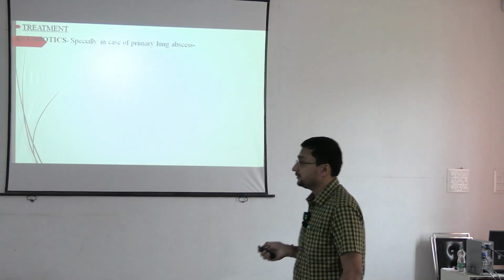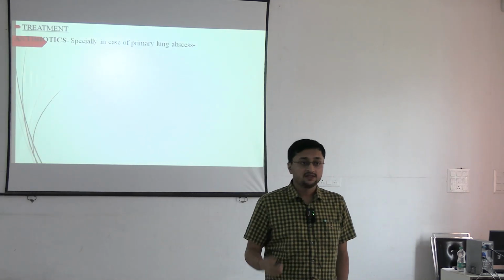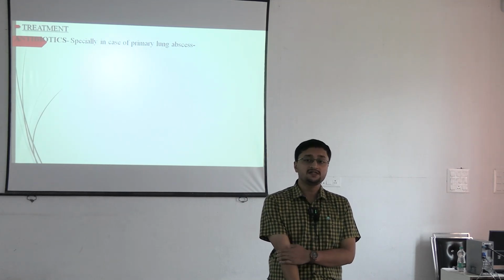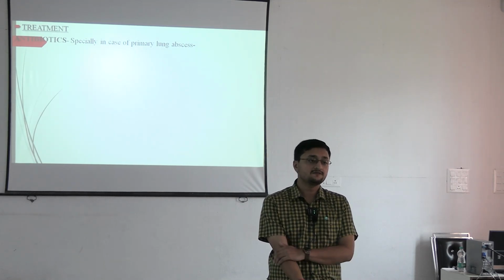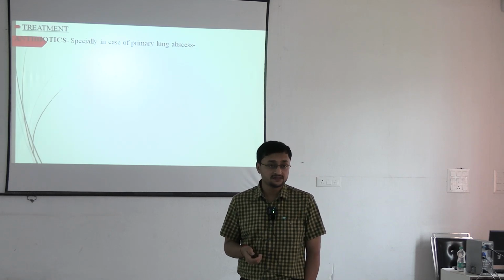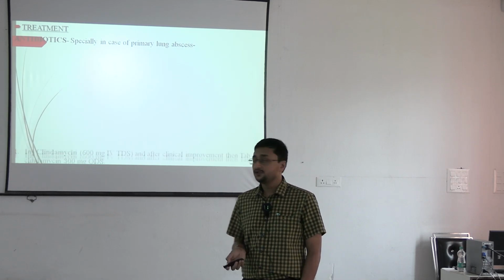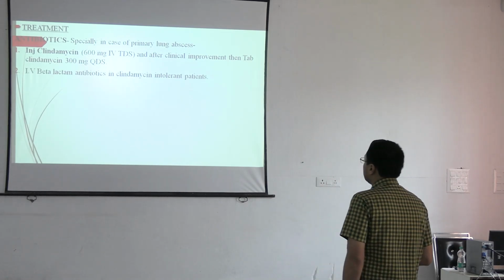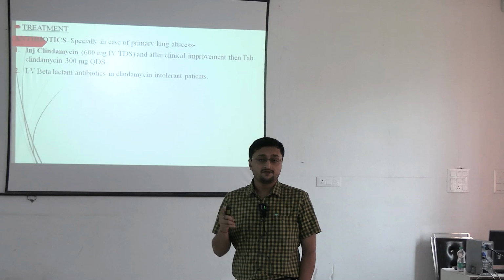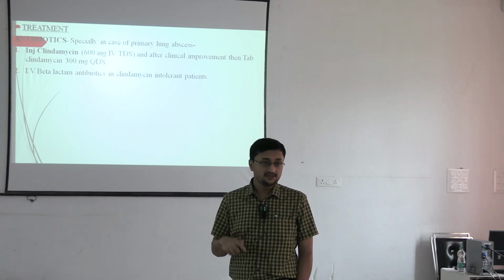In case of primary lung abscess, that is mostly due to aspiration, what would be the initial treatment? Drug of choice. What is the drug of choice for anaerobic lung abscess? Clindamycin. Injection clindamycin 600 mg thrice daily, followed by oral clindamycin 300 mg thrice daily.